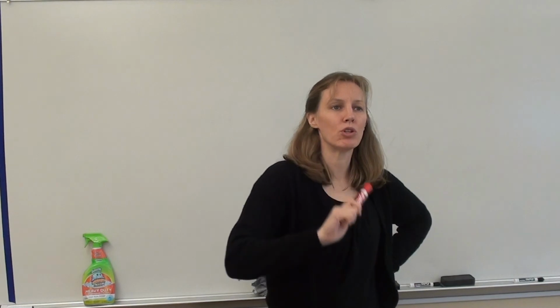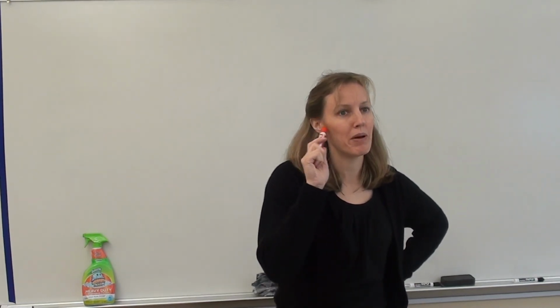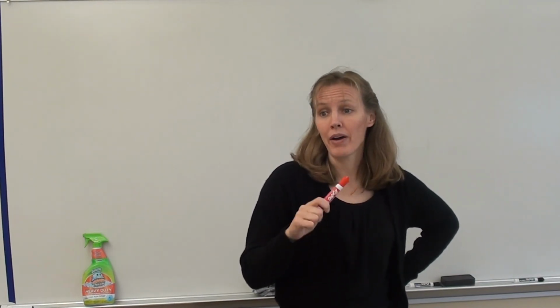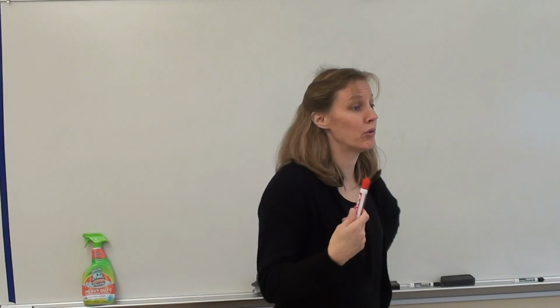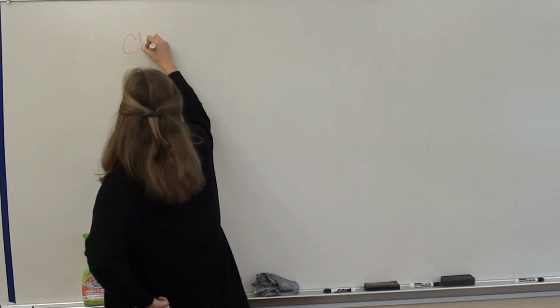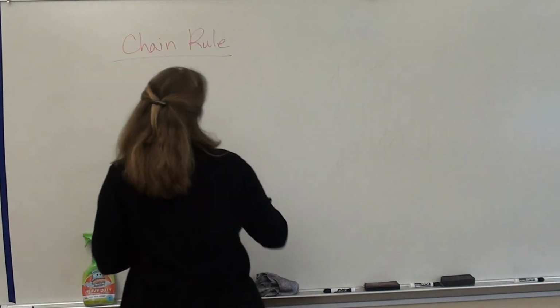So you know product rule, you know quotient rule. You have to know chain rule. For some reason, no one remembers the actual rule. People just remember how to do it. You have to actually know it with the f's and the g's and stuff. So I'm going to make you memorize chain rule. And I'm going to get a better marker.